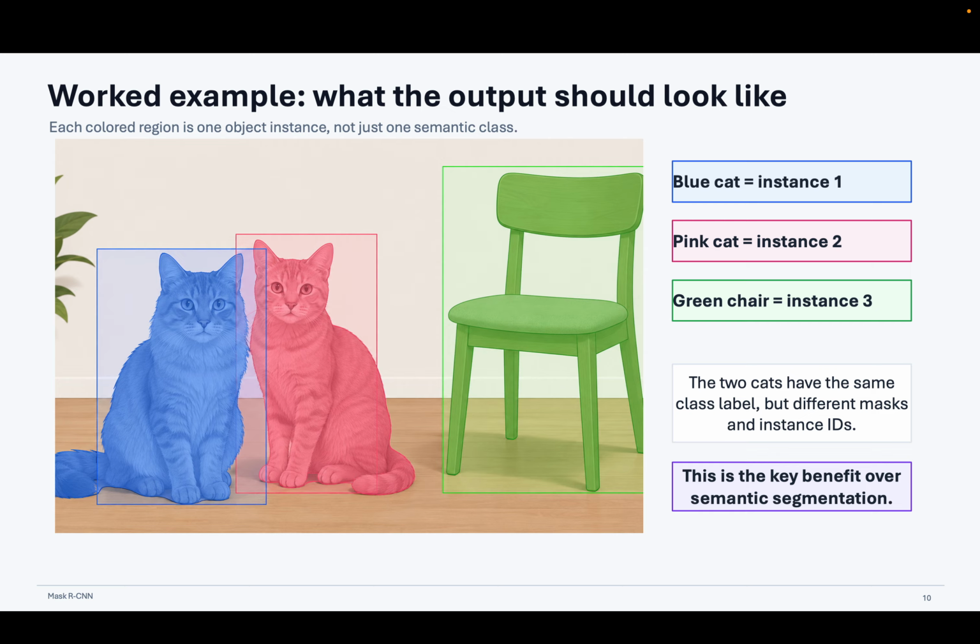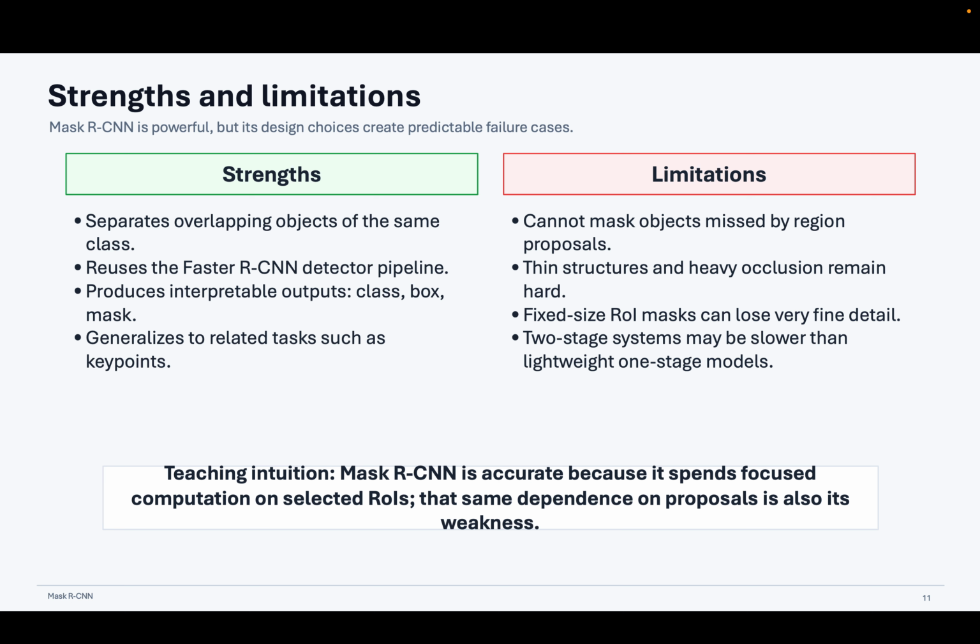The bounding box gives a rough rectangular location, while the mask gives a shape. This makes the output useful for tasks such as counting objects, measuring area, and reasoning about overlapping objects.